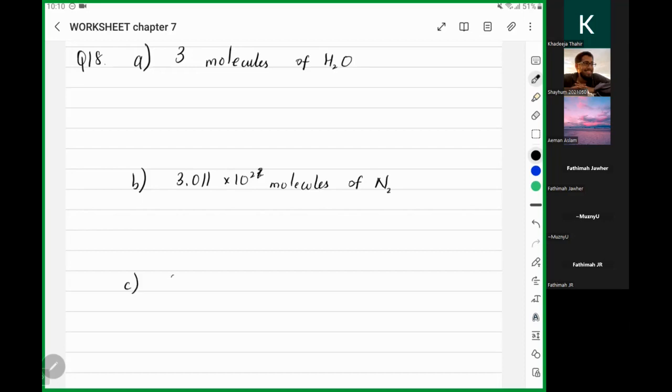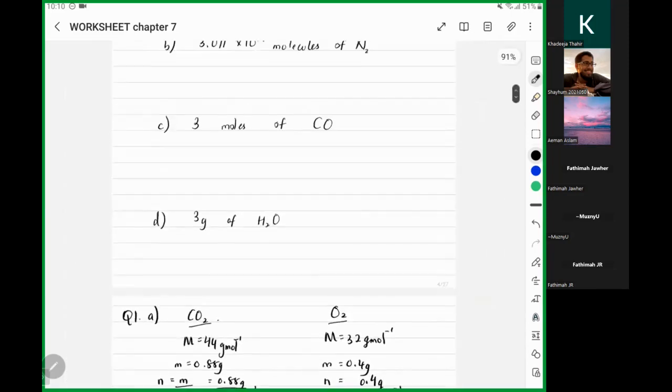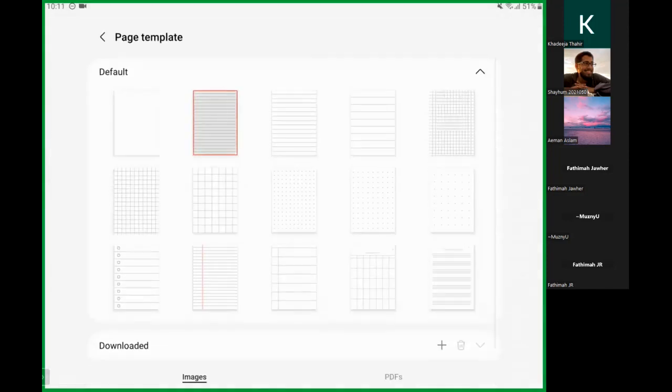C gives you 3 moles of carbon monoxide, CO. D gives you 3 grams of H2. So they're asking you to compare the number of atoms. So that's where it becomes interesting. You have to compare the number of atoms.